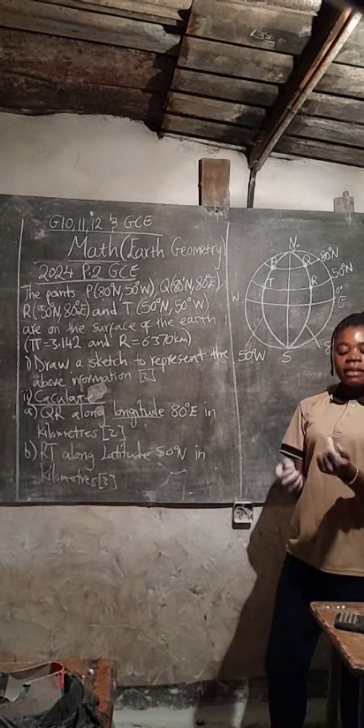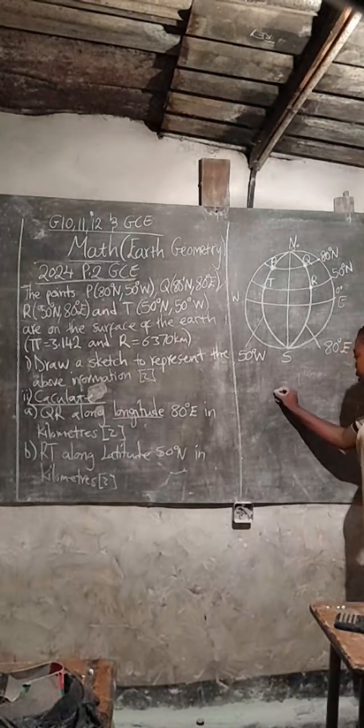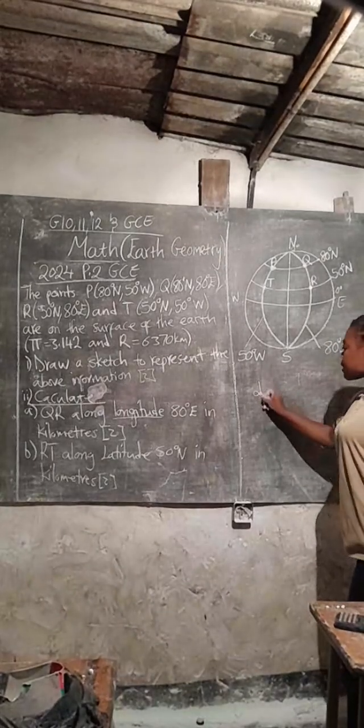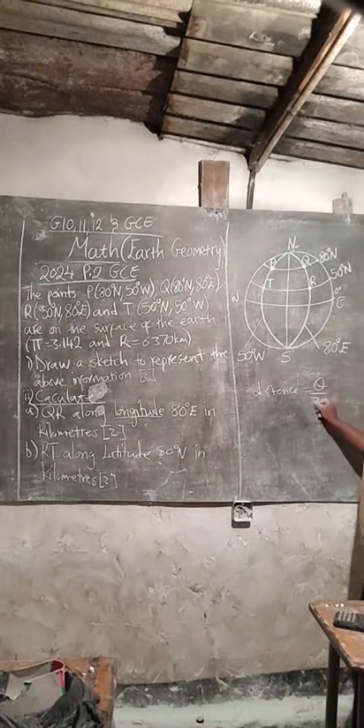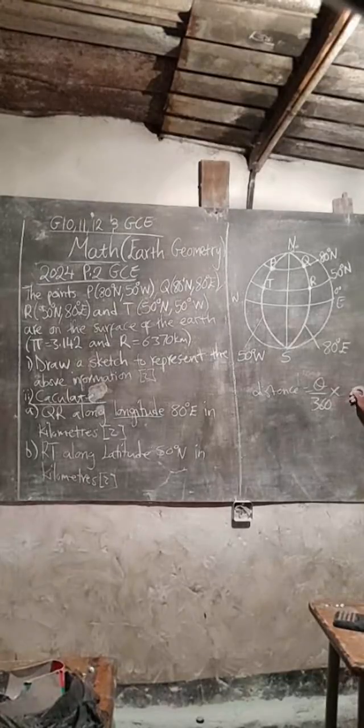And if they're falling under the great circle, the formula still stands to say the distance that you're looking for is equal to theta over 360 times 2 pi capital letter R. This is the formula that will maintain.